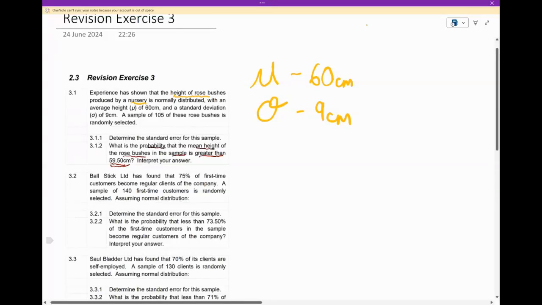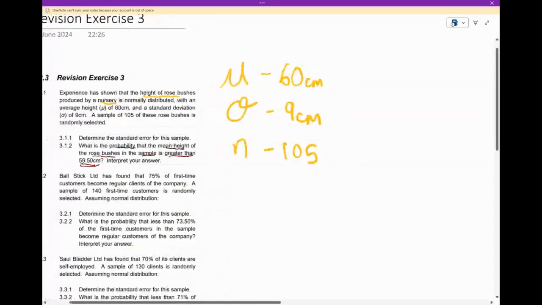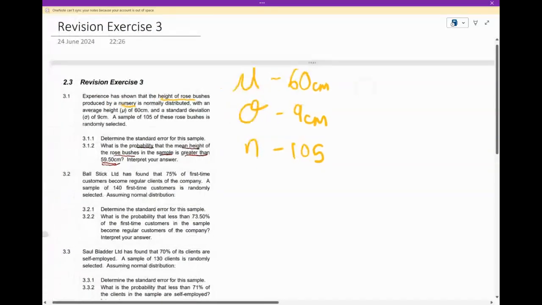A sample of 105 of those rose bushes is randomly selected. So now we have our n, which is 105. Here they've got the order right. They say determine the standard error for the sample. They haven't yet asked us about any probabilities, but first they're saying determine the standard error.